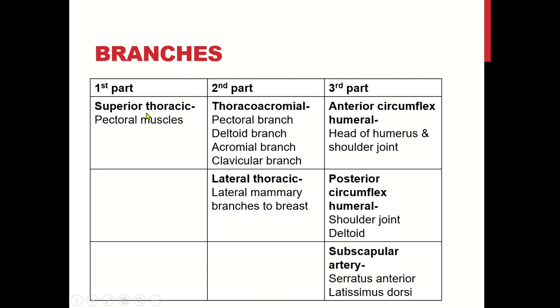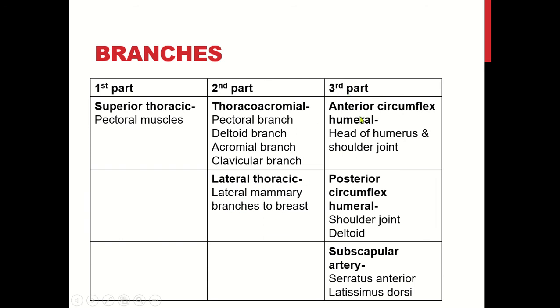The first part of axillary artery gives superior thoracic artery and it supplies pectoral muscles. The second part gives thoracoacromial artery which gives pectoral branch, deltoid branch, acromial branch, clavicular branch. The lateral thoracic artery supplies the lateral mammary branches to breast.